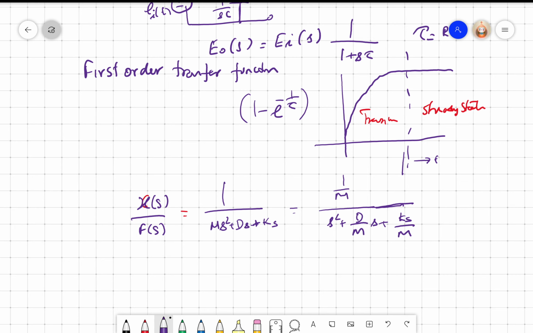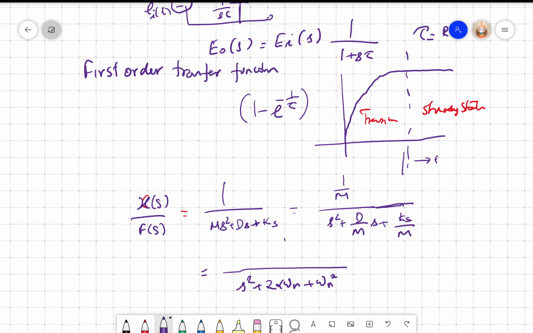Okay. Now what I do is I am going to rewrite this into a standard format, s square plus 2 alpha omega n s plus omega n square, right?